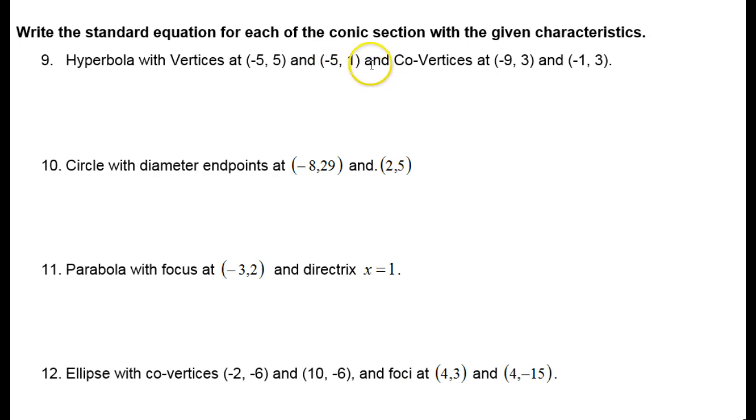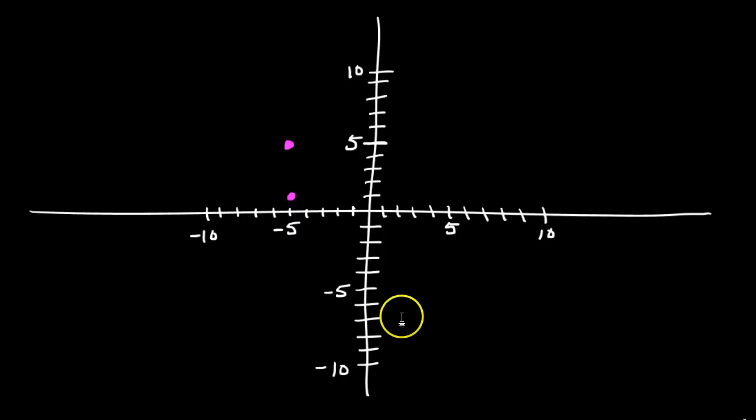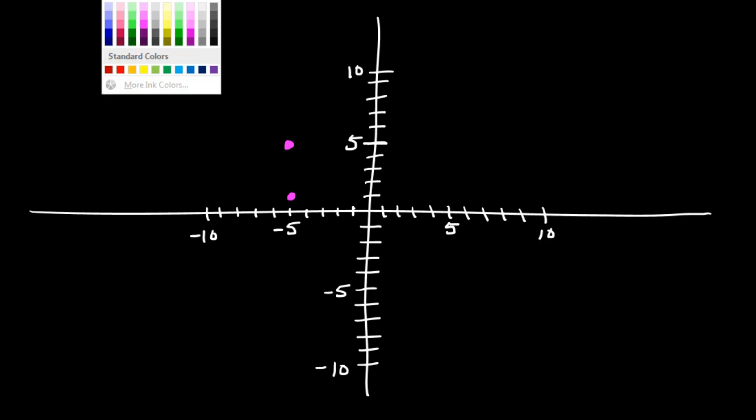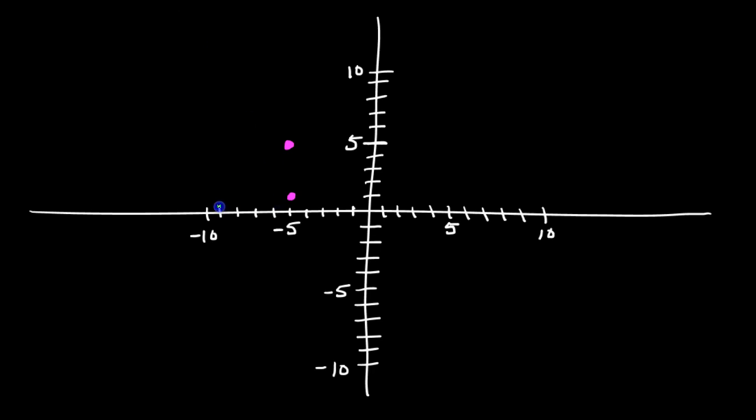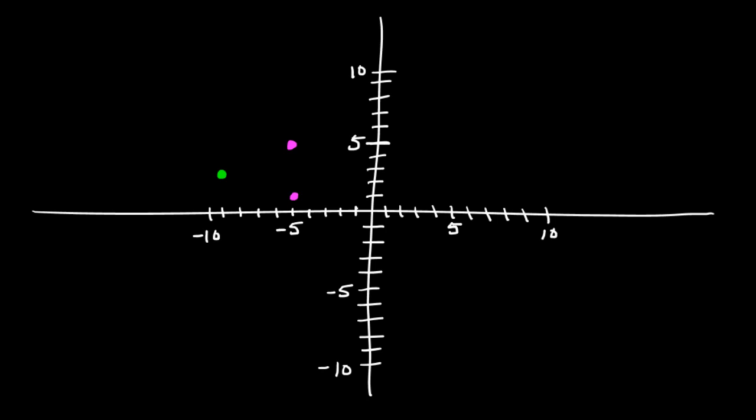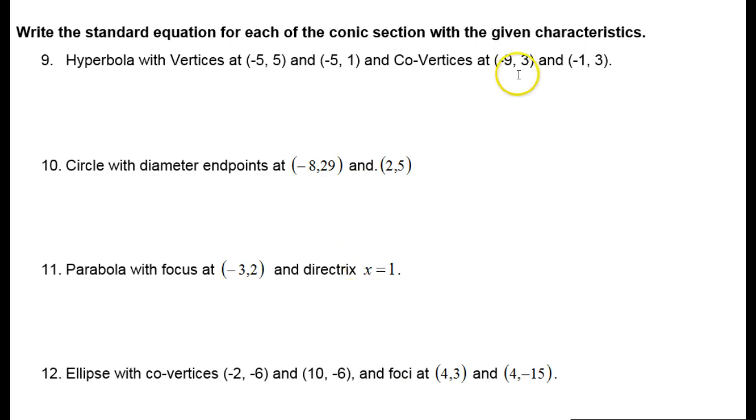Now we have co-vertices at -9, 3. Let's see, what color will I do? My co-vertices, -9, 3, and -1, 3.